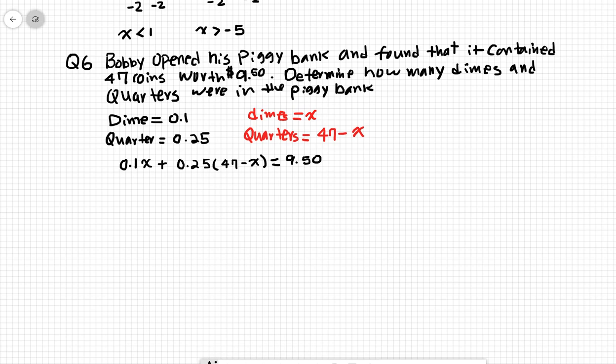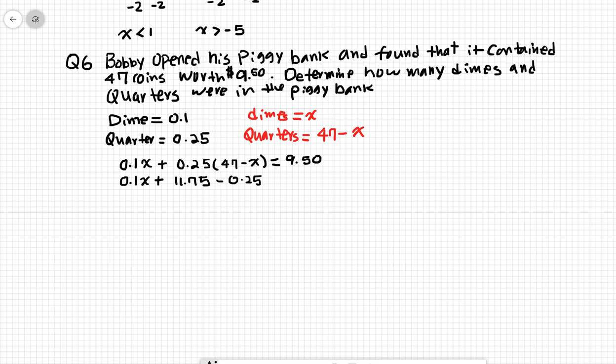Okay, so we're going to solve for x now. The first term is already 0.1x here. Plus now the 0.25 times 47, giving us 11.75. So I'm just going to write that 11.75, then minus 0.25x.